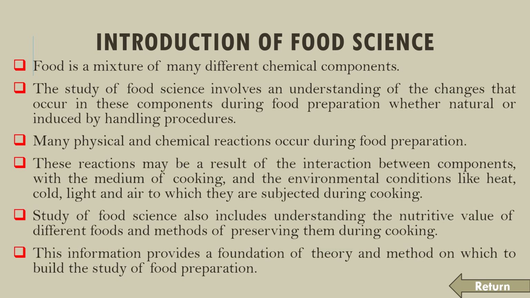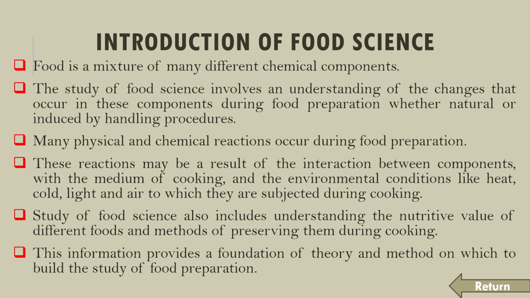Introduction of food science. Now, let's understand what food science really means. Food is a complex mixture of many chemical components. Food science studies the changes that occur in these components during preparation, cooking, and preservation. During cooking, several physical and chemical reactions take place.